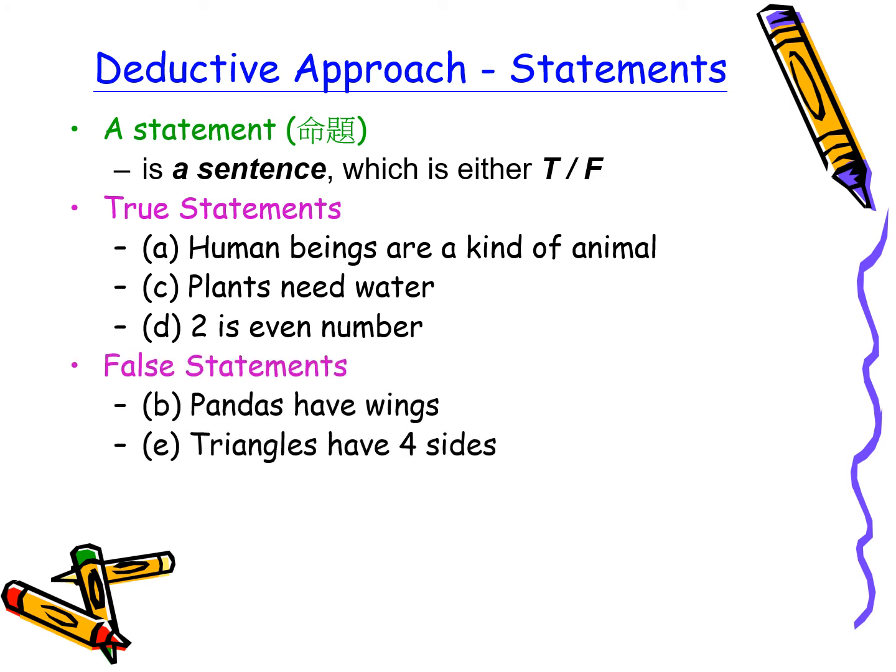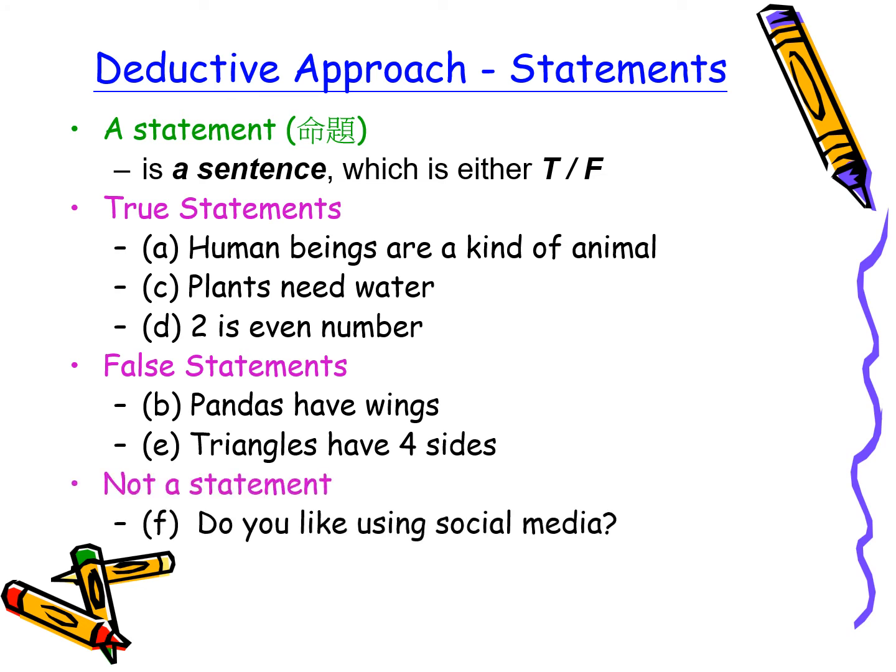And for B and E, they are false statements. And for the last one, do you like using social media? You can tell me yes or no. You cannot conclude it is true or false. So it is not a statement. You have no definite true or false for this sentence.